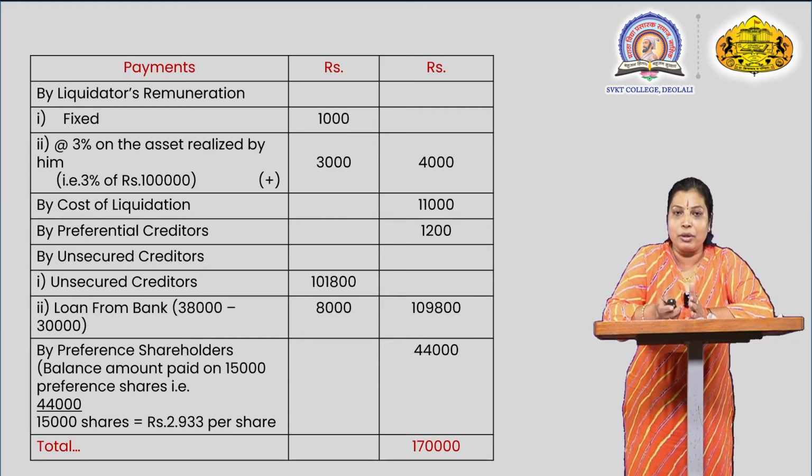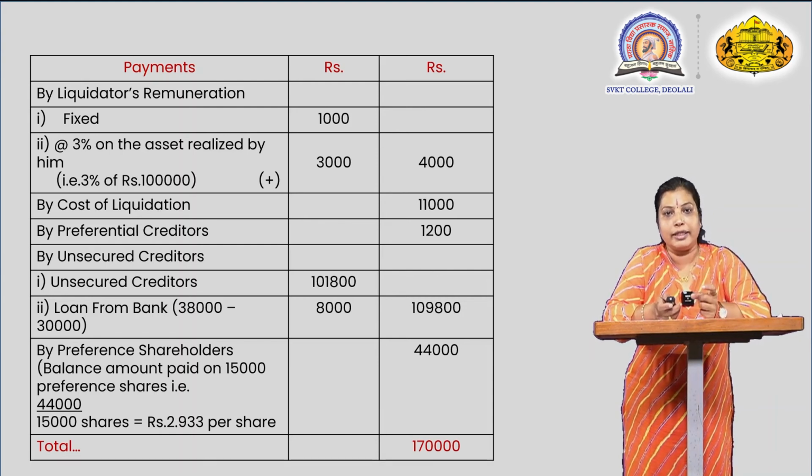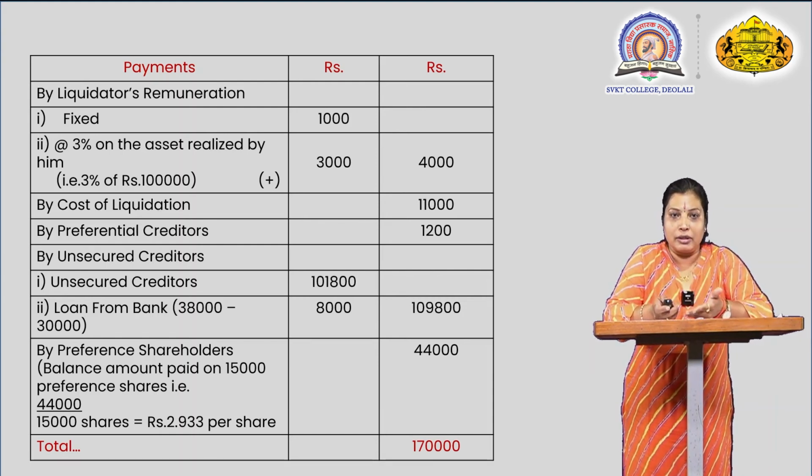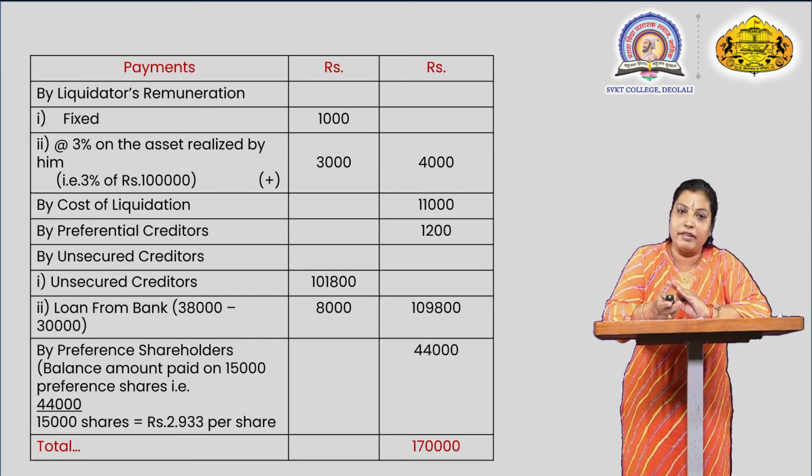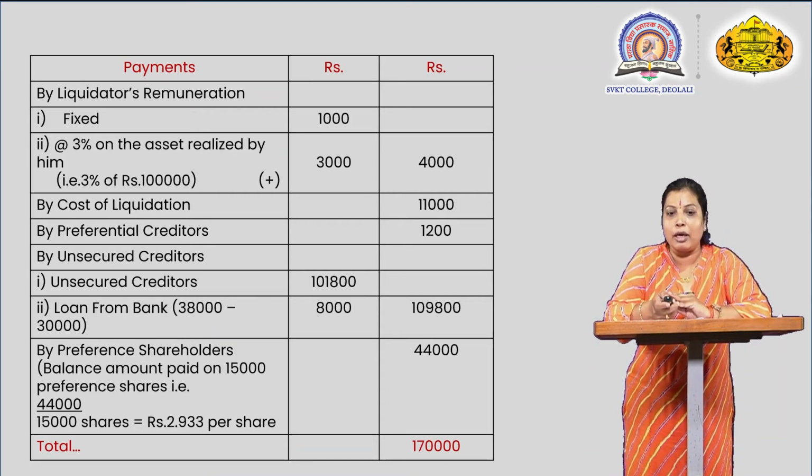For the preference shareholders, each preference share is calculated while making payment in the liquidation. The remaining balance means the total receipt is 1,70,000, but after deducting the payments, 44,000 remains. Then for the preference shareholders, there are 15,000 preference shares, and the face value of one preference share is rupees 10.